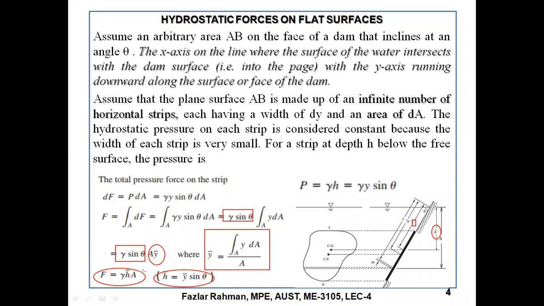Then you get the total pressure force working on the structure. Now, you need to figure out the location of this center of pressure, the YP, where it is working. So let's see how we can figure out the value of YP.